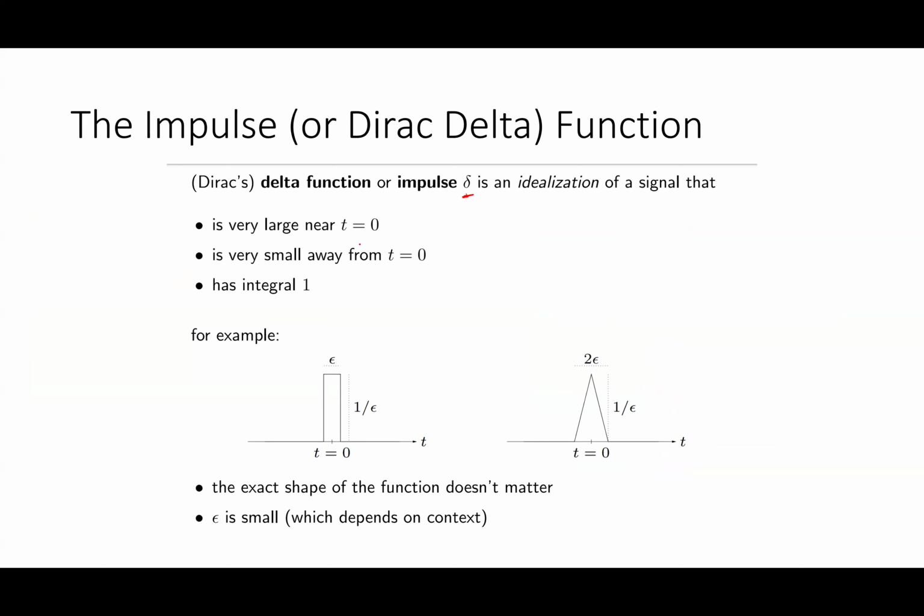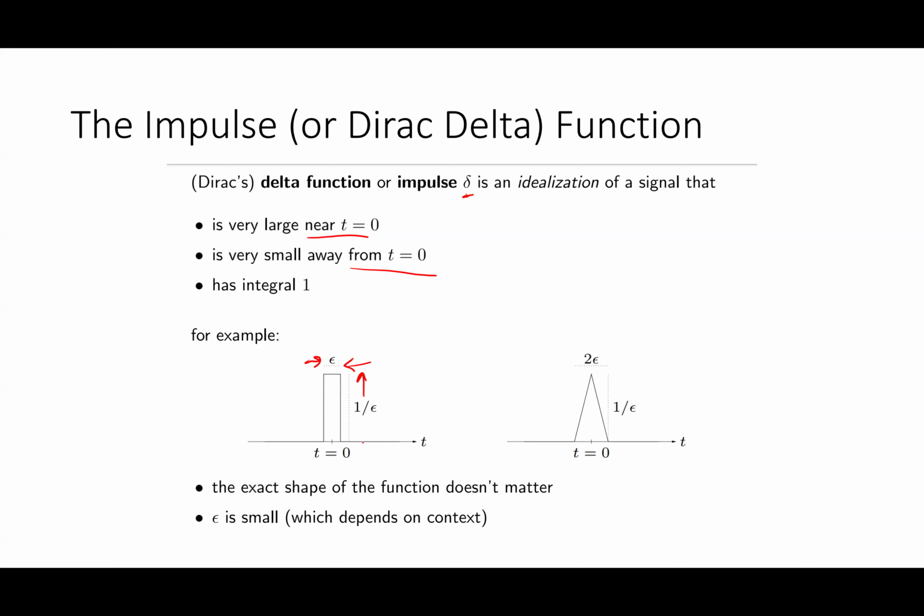That's very large near t equal to 0, so a lot of force applied to the ball. It's very small after that. And we say the area under it, the integral of it, is 1. So if you look at this example here, I have something that is a time period epsilon wide.